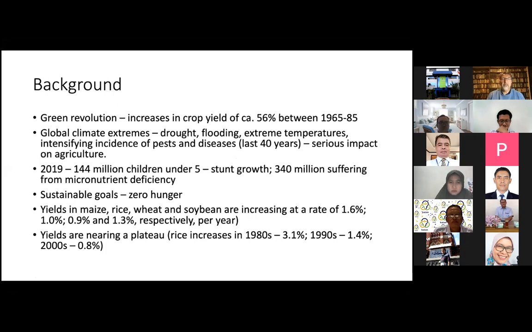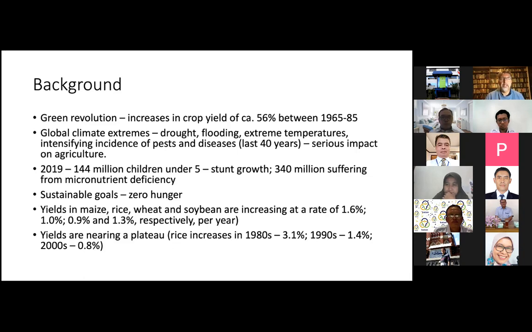But now we have global climate extremes, which translate into drought, flooding, extreme temperatures, and intensified incidence of pests and diseases for the last 40 years. That has had a serious impact on agriculture.